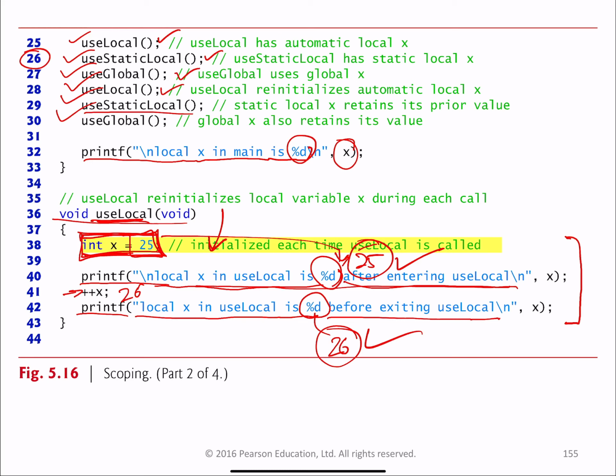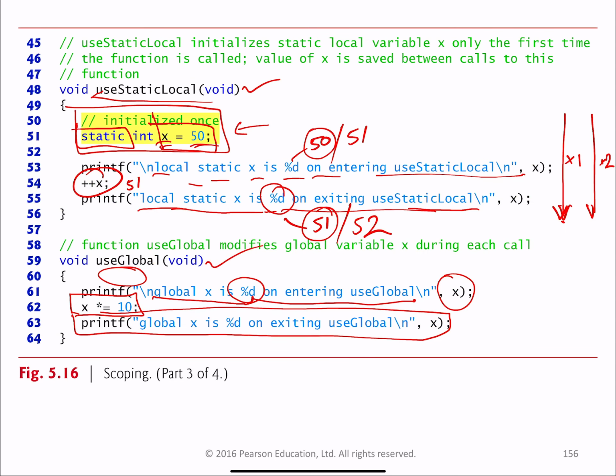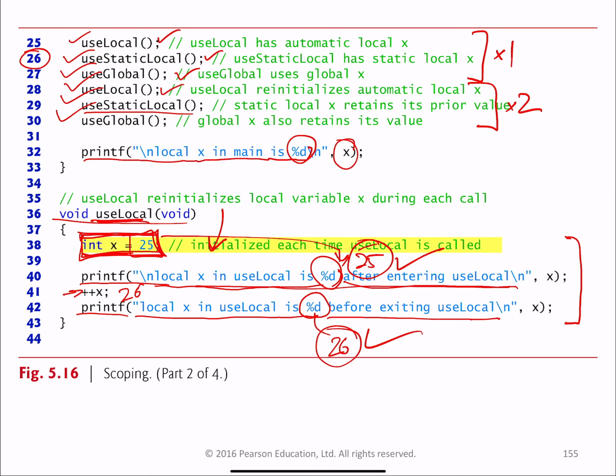But then when we call use static local for the second time, these are all called for the first time, and over here they're all called for the second time. When we call use static local for the second time, it's already set at 51. We increment it and it becomes 52. So we'll see these two messages for 51 and 52 over here.